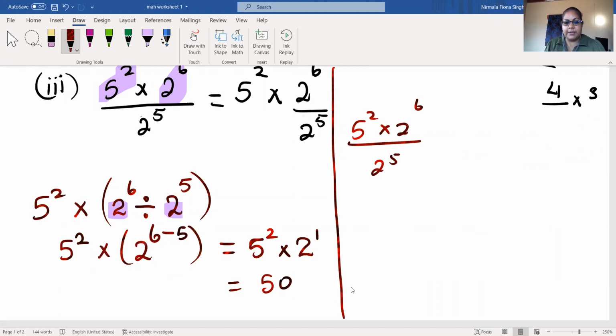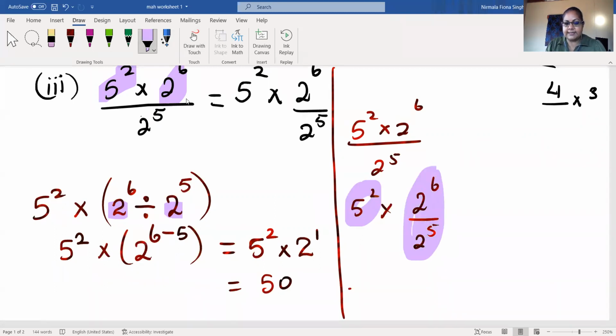So I can say 5 squared multiplied by 2 to the 6 divided by 2 to the 5. That means we can deal with the 5 squared on the side, and these two I can deal with separately.